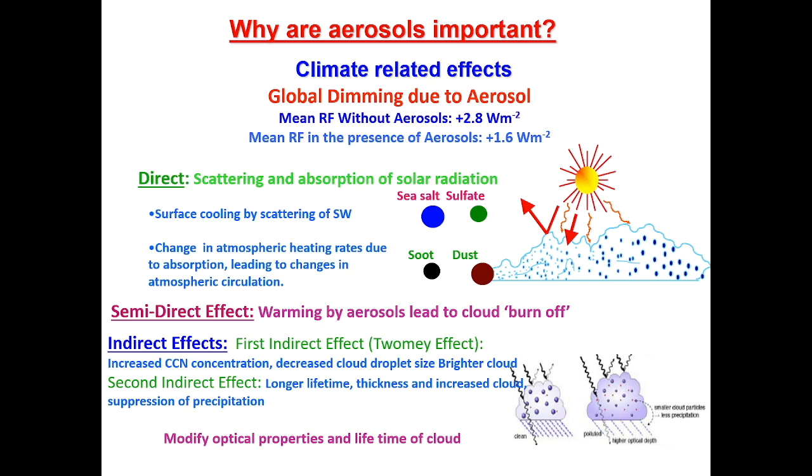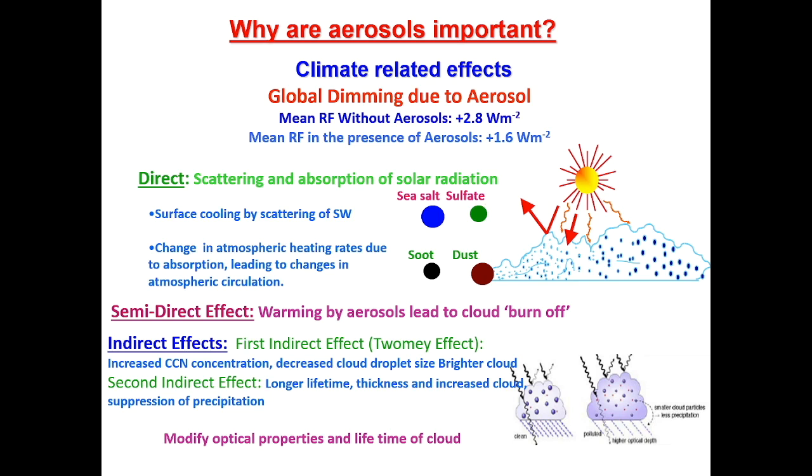So this is also called the short wave surface cooling of the atmosphere due to aerosols. Similarly, there are some particles like soot or dust which can absorb the solar radiation. They actually increase the atmospheric temperature by absorbing the solar radiation in different wavelength bands, and they create heating due to absorption and then change the atmospheric circulation.